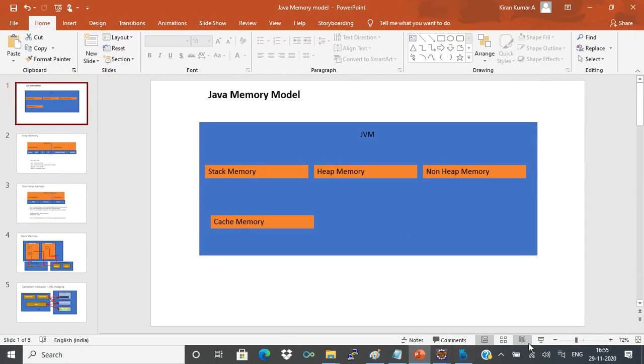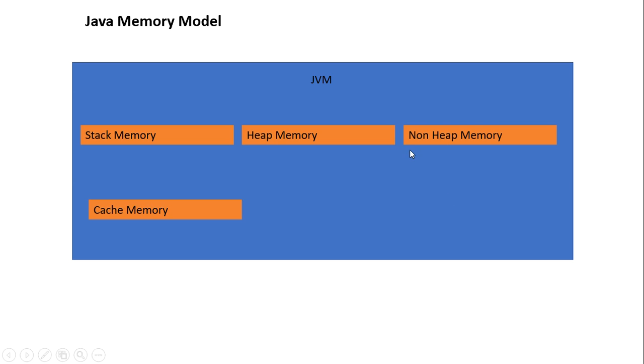So these are the building blocks of the Java memory model, and all the memory resides in the JVM. Your Java virtual machine is the heart of your Java programming. The memory is divided in the JVM into 4 blocks.